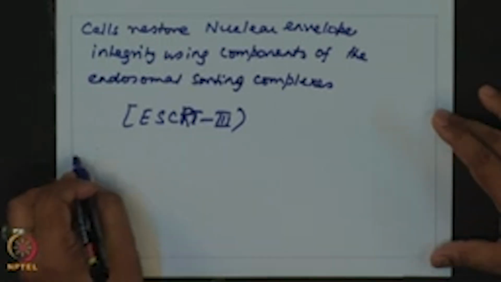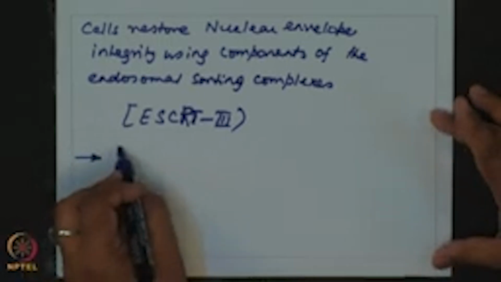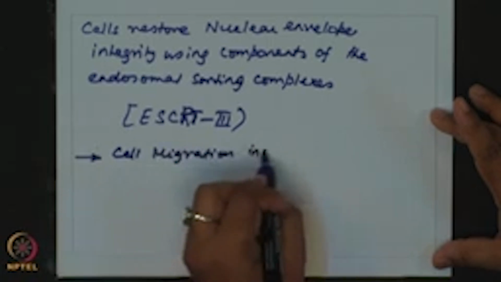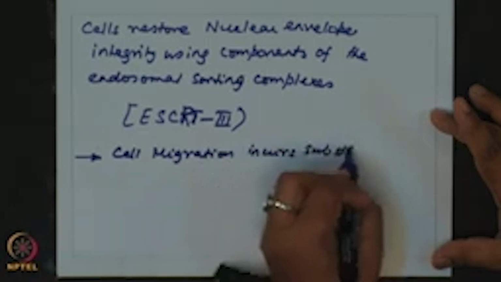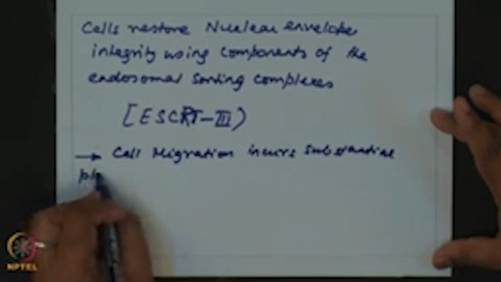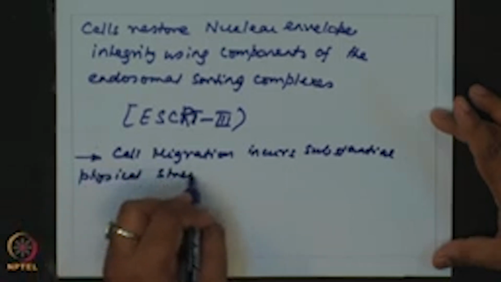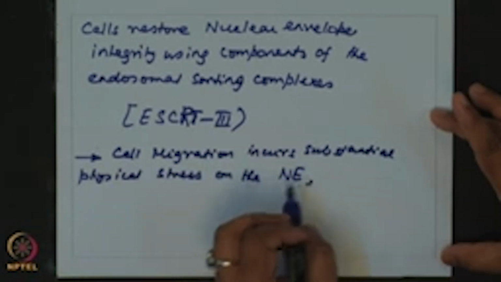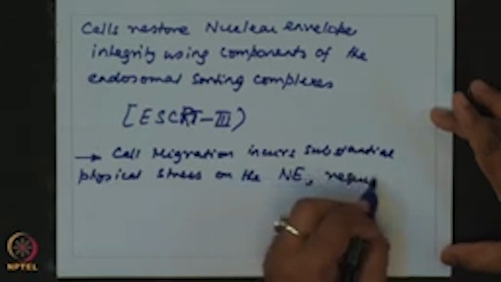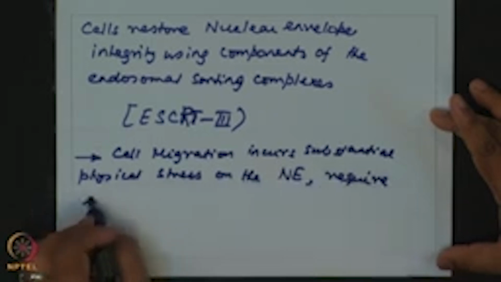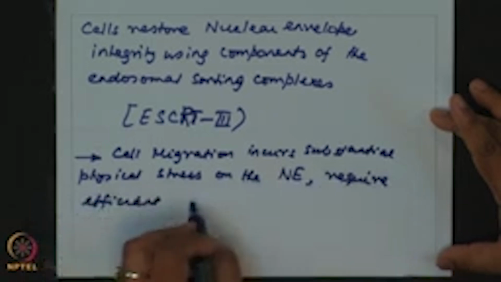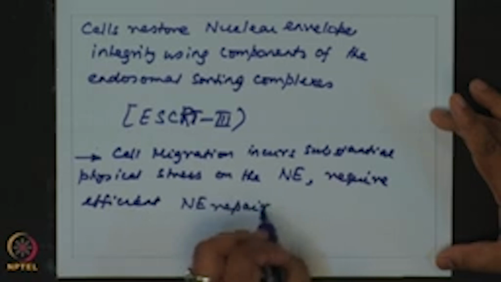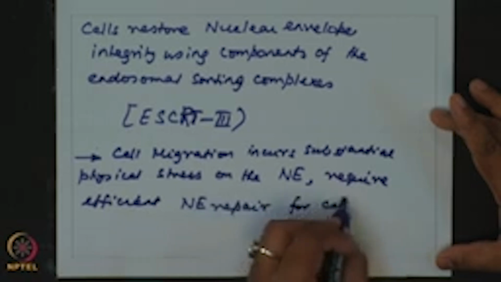Okay. So, together what these studies show is that cell migration incurs substantial physical stress on the nuclear envelope, and so if this is true, then you do require efficient nuclear envelope repair for cell survival.